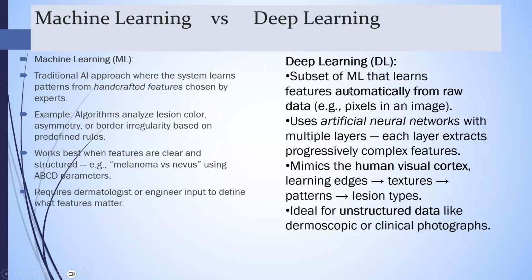And deep learning, as I told you, studies in pixels, which obviously we can't do as human beings. You study it at multiple layers, and all the complex features are taken. Sometimes certain features which we as clinicians wouldn't have picked up can be picked up by this deep learning process. So this is going to mimic the visual cortex. It is going to learn the edges, textures, patterns, types of lesions, and all these.